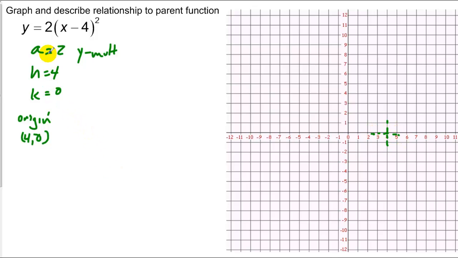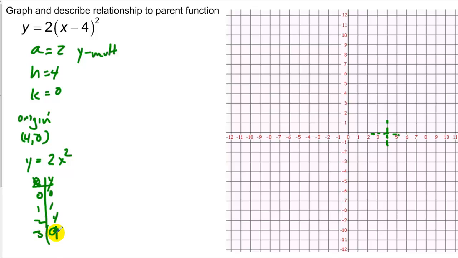I know a is equal to 2, so I'm going to look at y equals 2x squared. Well, y equals x squared is 0, 0, 1, 1, 2, 4, 3, 9.